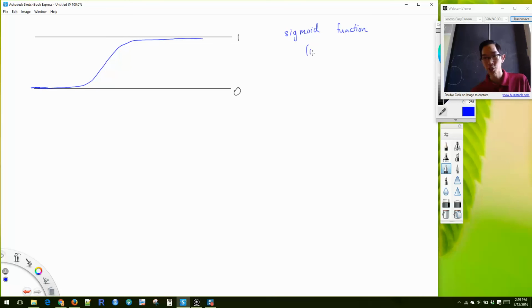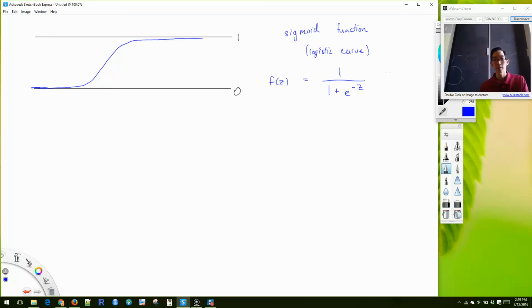It's basically the function of z: 1 over 1 plus e to the negative z.